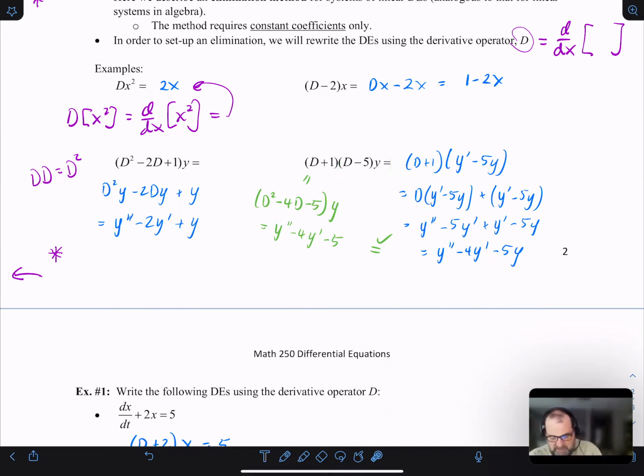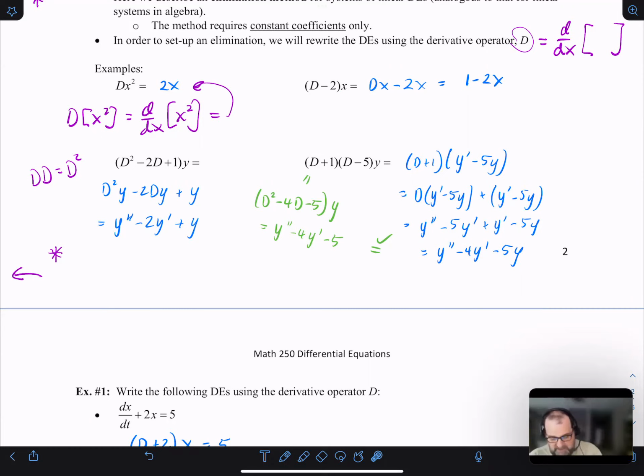If I do D minus 5 acting on y first, we would have y prime minus 5y. And then if we do D plus 1 acting on this, again, distribute, this would be D, and this is plus 1. So D acting on this would be y double prime minus 5y prime plus y prime minus 5y. This is correct. We can clean it up a little bit. This would be the correct equation here.